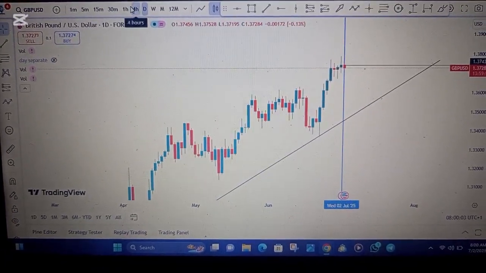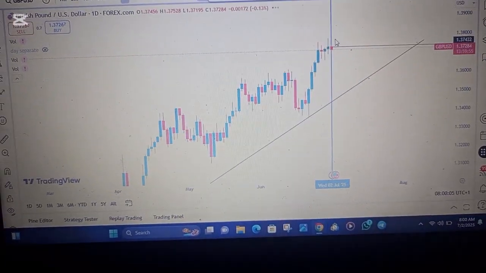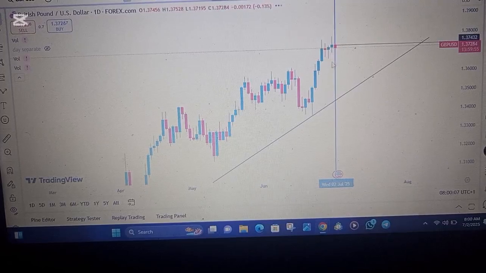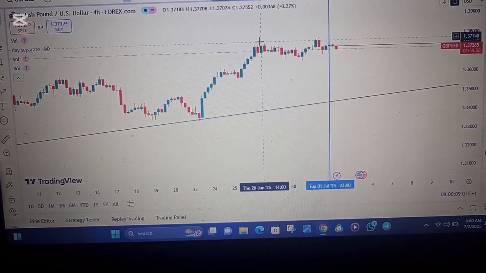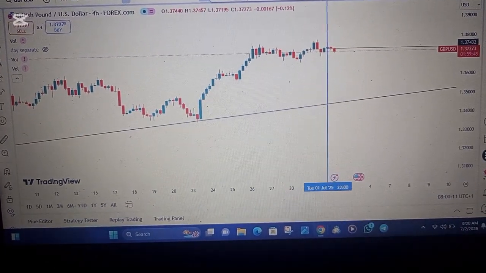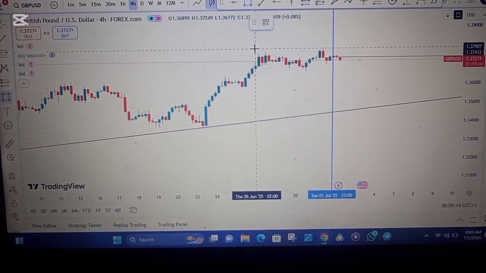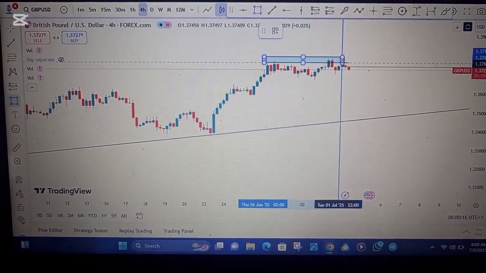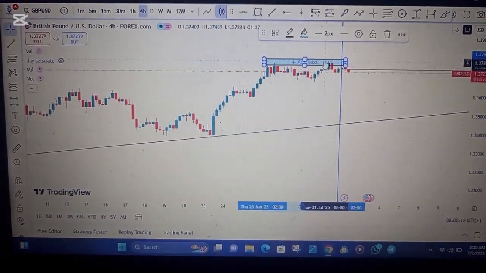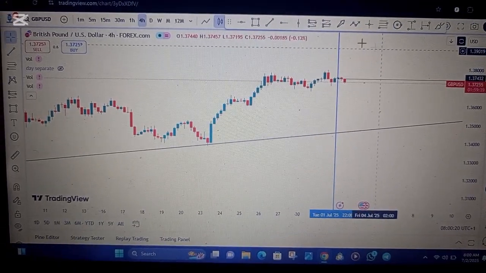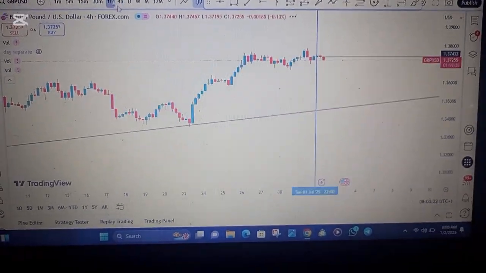If you go to the 4-hour time frame, you see that at this point, there's a hesitation. This is a double top. As you can see, this is a double top at this point. So we can see the market rally to the downside.